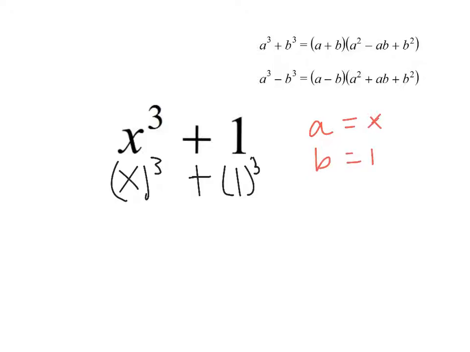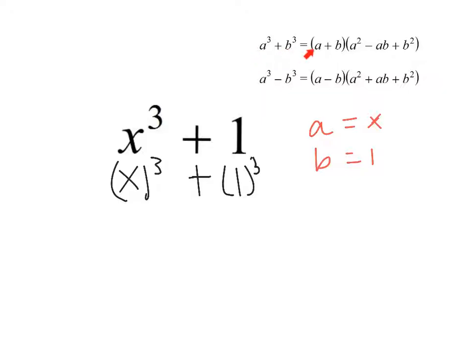Now what is left is to substitute this a and b into this identity. Since this is a sum, then we're going to be using the top identity. So our a is x and our b is 1.